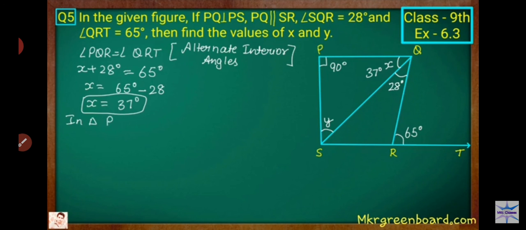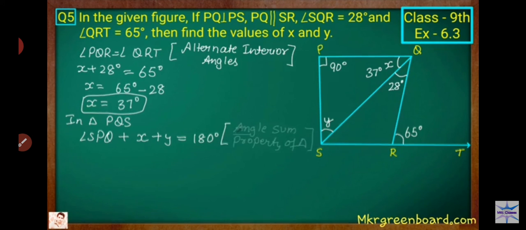In triangle PQS, angle sum property of a triangle: angle SPQ plus X plus Y is equal to 180, and we know the value of SPQ is 90 degree.